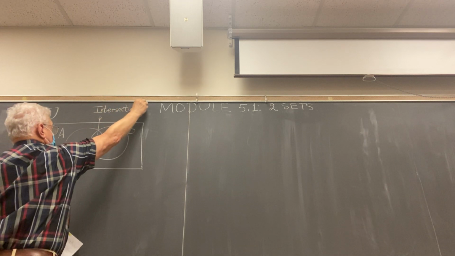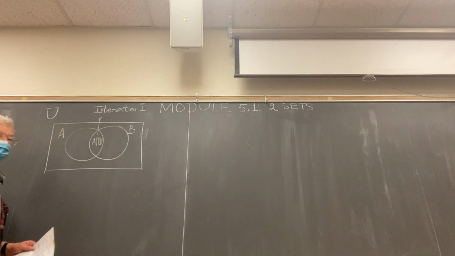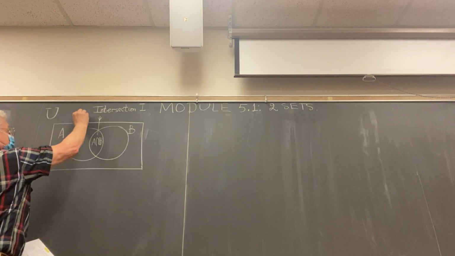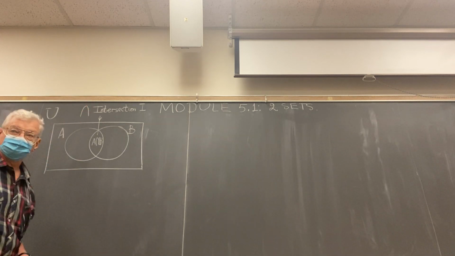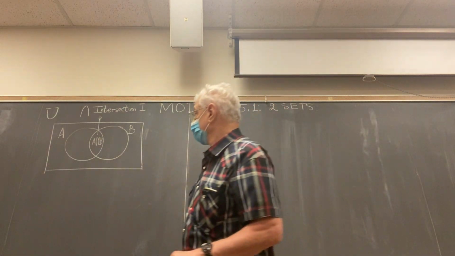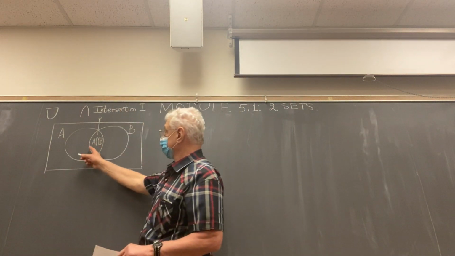In the book, the letter I is written, but I prefer the sign used in mathematical books. It's a U upside down. So it's intersection, common elements, both.